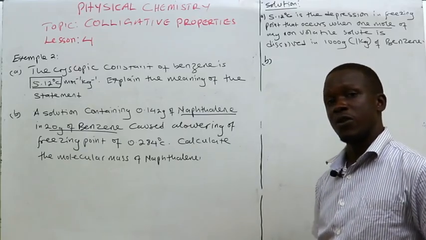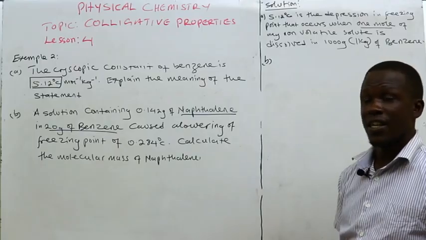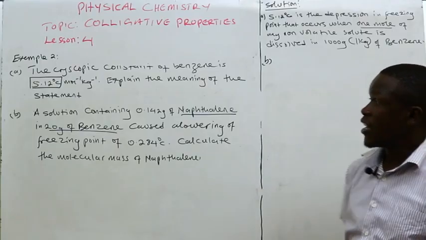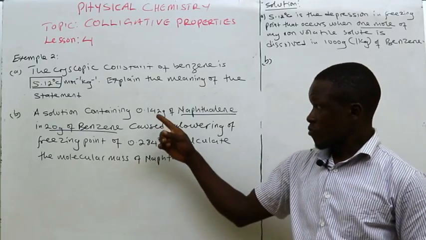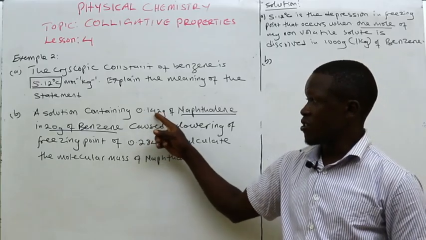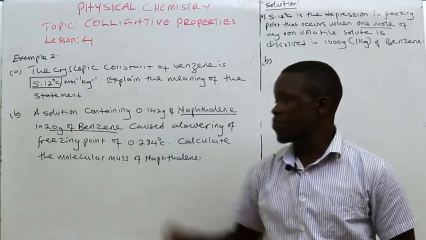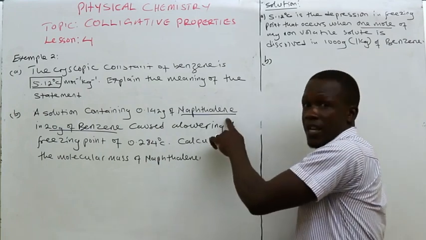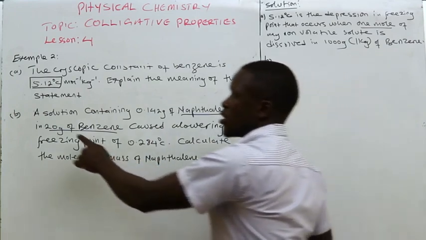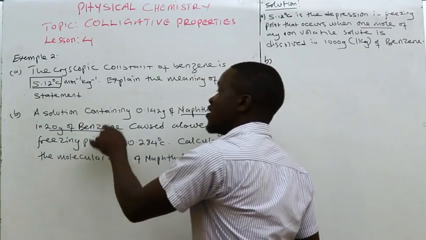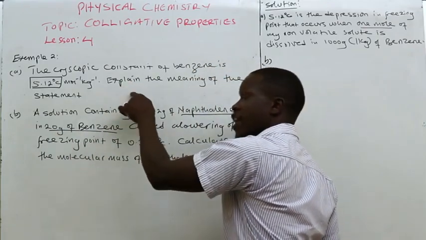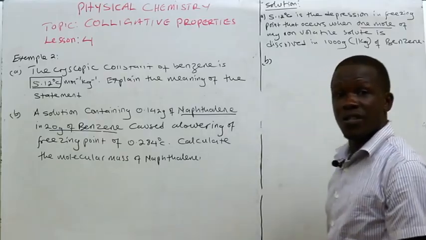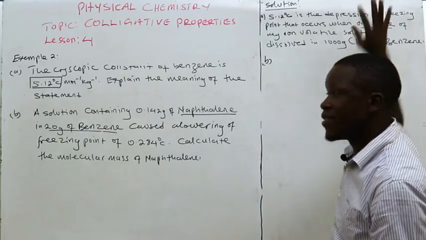So in all the questions that we shall be looking at, you will be seeing that the solute is very small, the solvent is bigger. So that means naphthalene is our non-volatile solute, and 20 grams of benzene, benzene is our solvent. That is even why the cryoscopic constant given was for benzene.